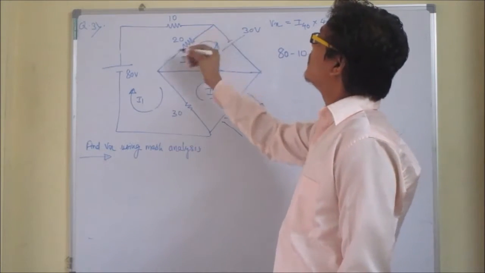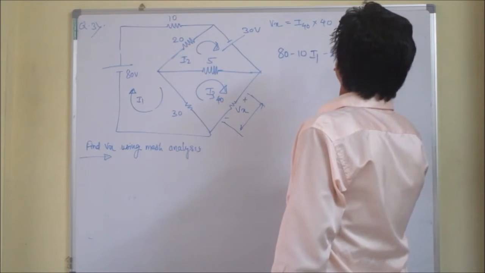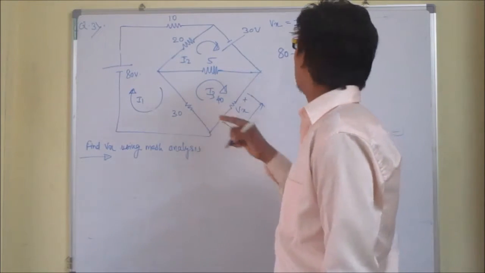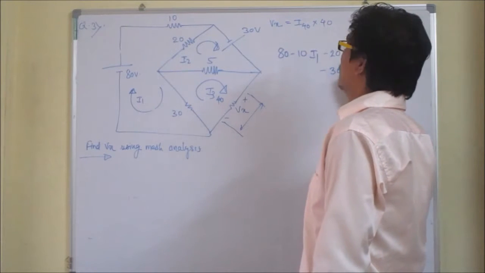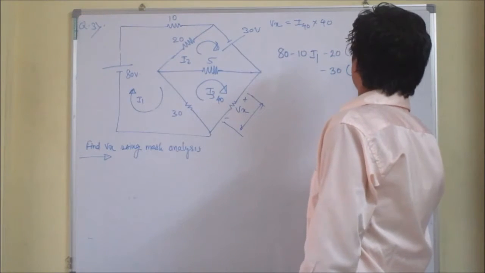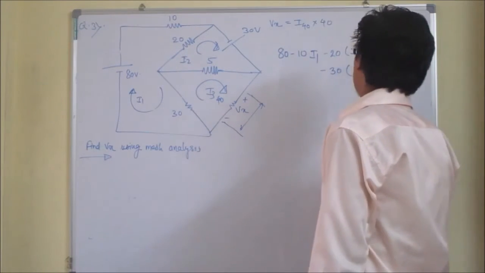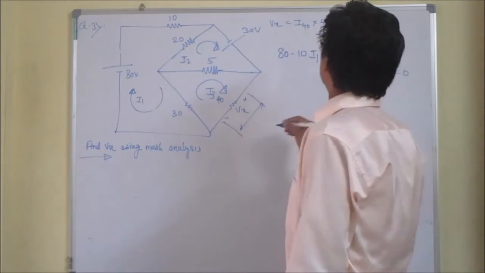Moving through here it will be minus 20 into (I1 minus I2), and again moving from here, minus 30 into (I1 minus I3), and then coming back here is equal to 0.